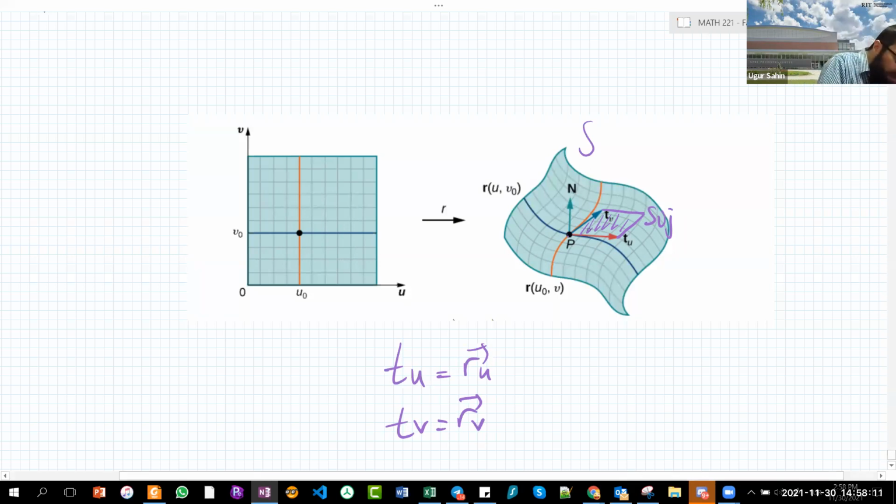If I had these tangent vectors, I could use the cross product of these vectors to calculate the Sij parallelogram area.